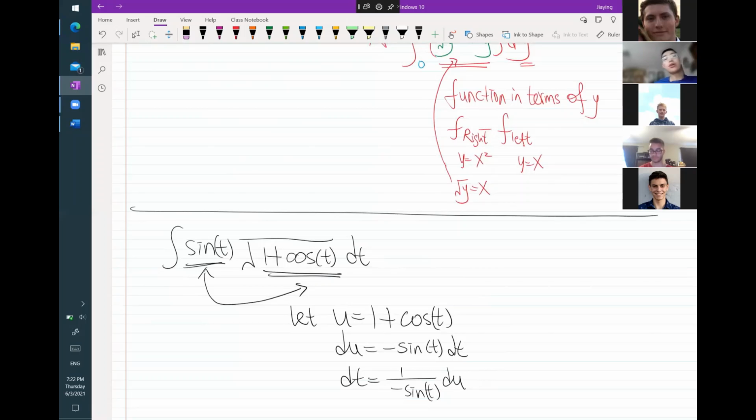How do you know? One hint is to look for the derivative. If one part seems to be the derivative of some inner function, you can try u-substitution. Another way is to just look at it.